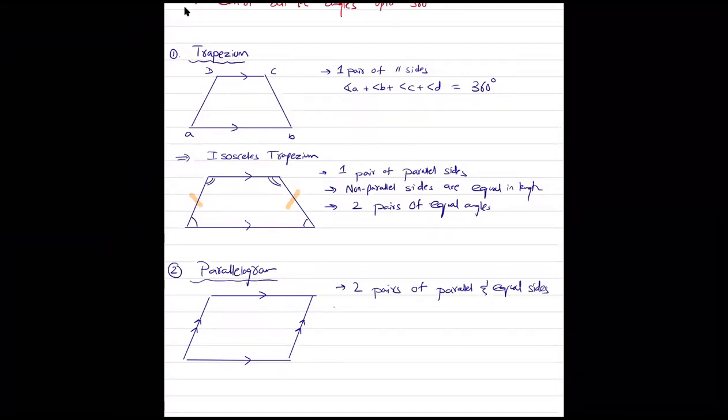Only the opposite angles are going to be equal. Opposite angles are equal, which means this angle is equal to this angle and this angle is equal to this angle.